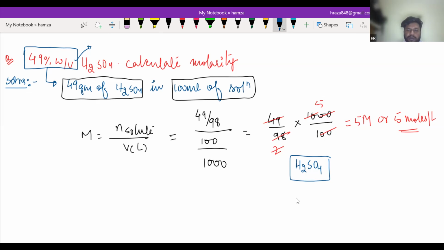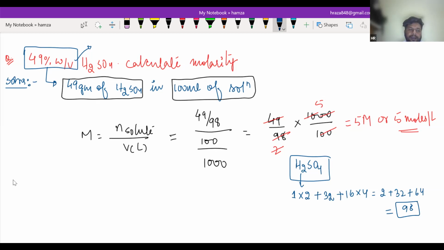So what is the mass of hydrogen? 1. But here 2 hydrogens are present. Now sulfur has atomic mass 32 and only one sulfur is there. Plus the atomic mass of oxygen is 16 and there are 4 oxygens, so it will be multiplied by 4. So it is 2 plus 32 plus 64. When you add it, you will get 98.